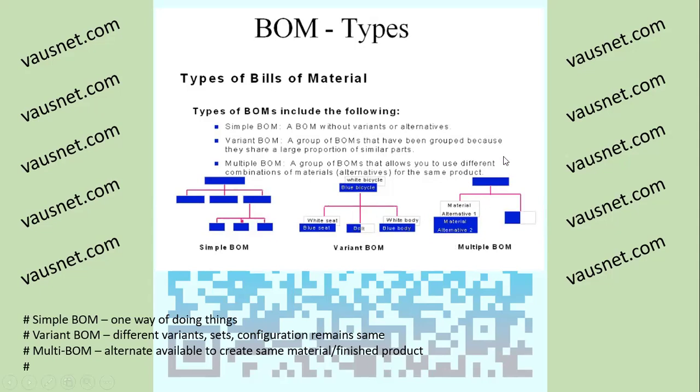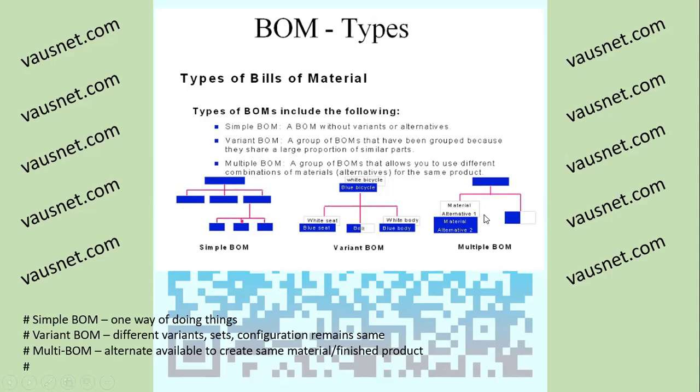Multiple BOMs is where you're creating an alternative. For example, the same bike but for the mountains and the same bike for the roads. Okay, and this is very much relevant for tires. In the tire industry, you will have alternates like that.